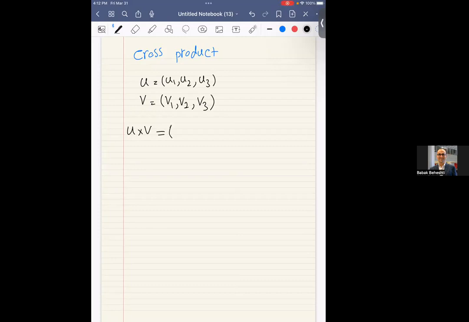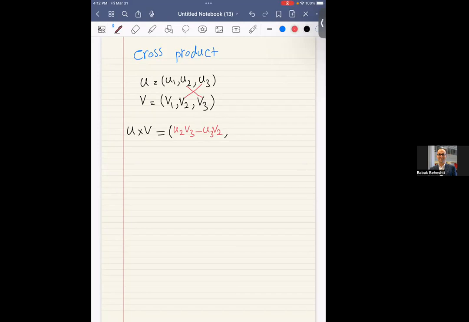The first component is given by you multiply u2 with v3 and then subtract u3 v2. So the first component, which I'm writing in red, is u2 times v3 minus u3 times v2. This is the first component.